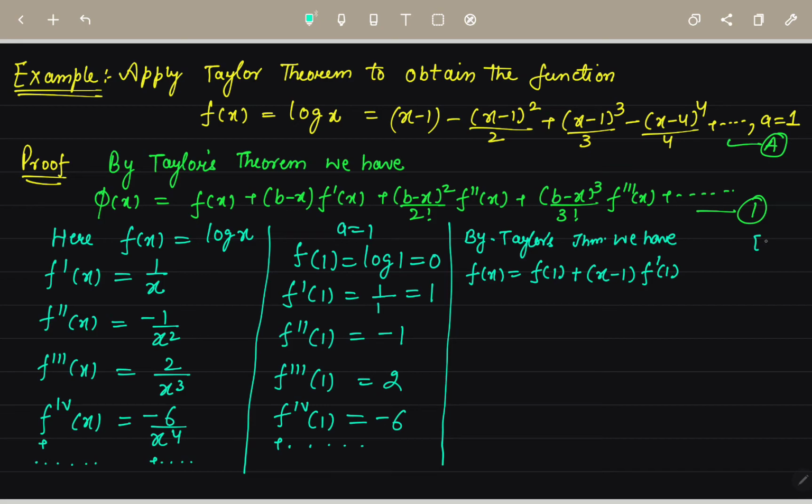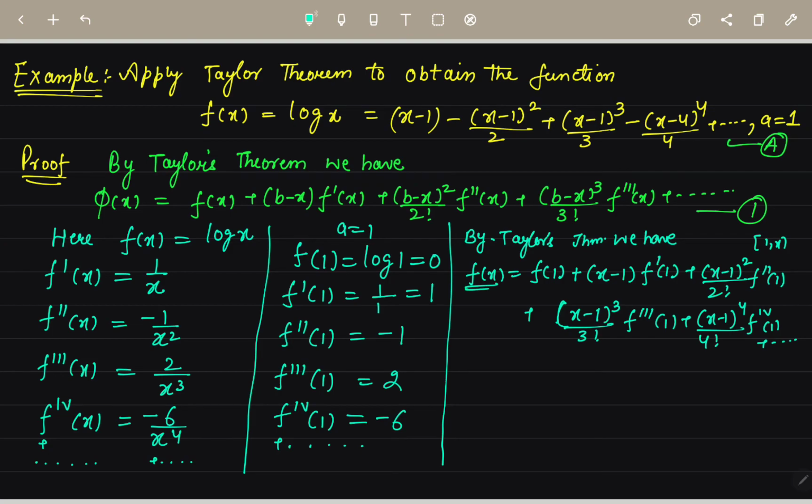The next term will be x minus 1 whole square divided by 2 factorial times f double dash at 1. Similarly, x minus 1 whole cube divided by 3 factorial times f triple dash at 1, and the last term x minus 1 raised to power 4 divided by 4 factorial times the fourth derivative at 1, plus so on. So this series is increasing.